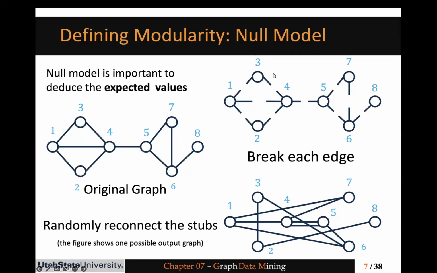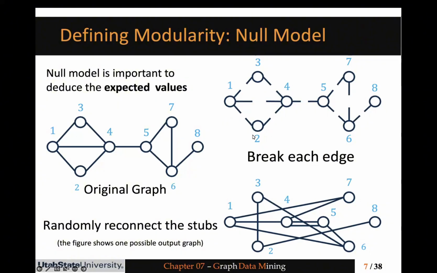And how do we make this null model in this case? A null model is made by simply looking at the original graph that we have. If you look at every single edge in this graph and you just cut these edges into two, we make what are known as stubs. The figure on the top right shows you 2 times m.